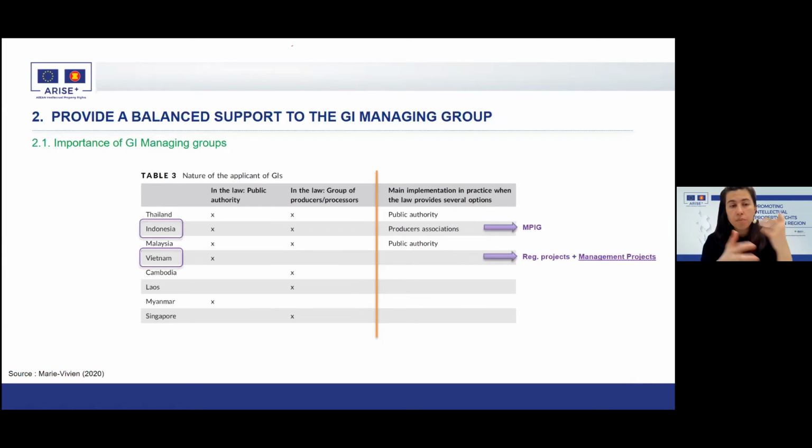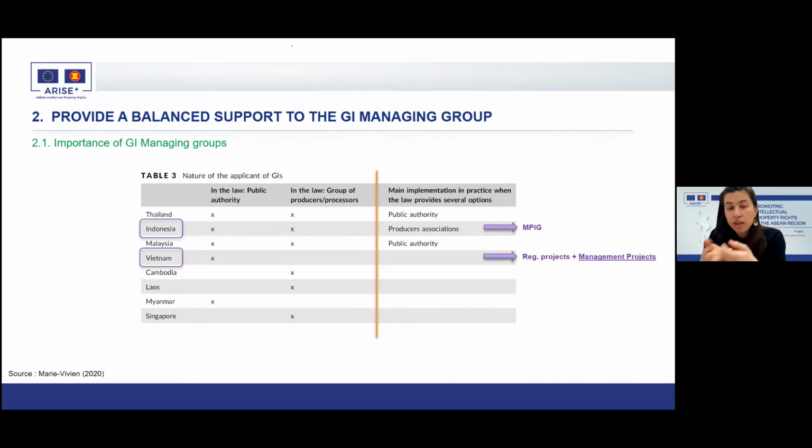So if we take the example of Indonesia and Vietnam, which have different situations: for Indonesia, even if in the law a public authority can register, it was done only in one case that I know, and then they did not do that again.